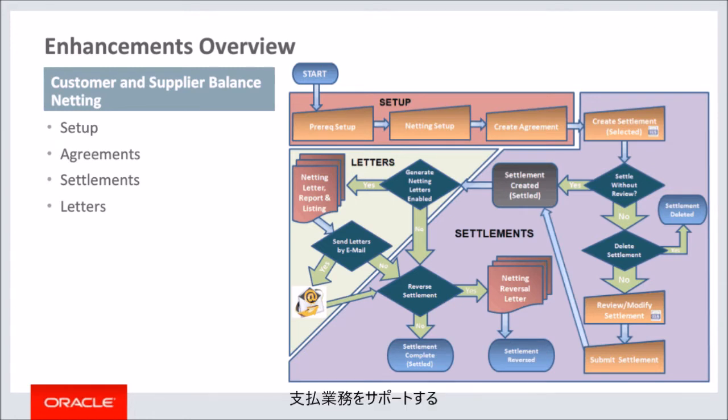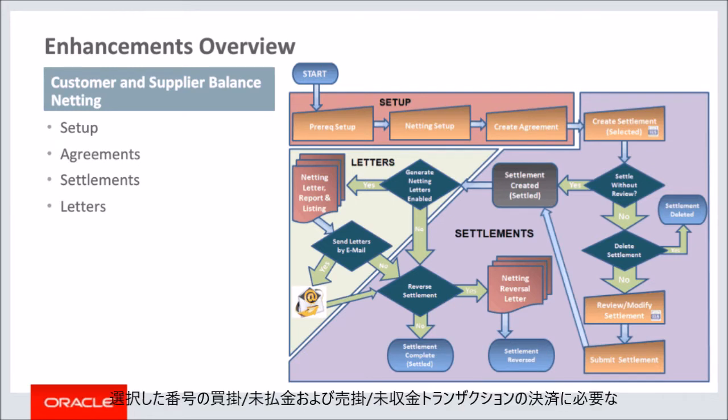Netting agreements can be defined that incorporate the netting business rules such as transaction selection criteria to support your business practices. The netting process automatically creates the payables payments and receivables receipts required to clear a selected number of payables and receivables transactions.